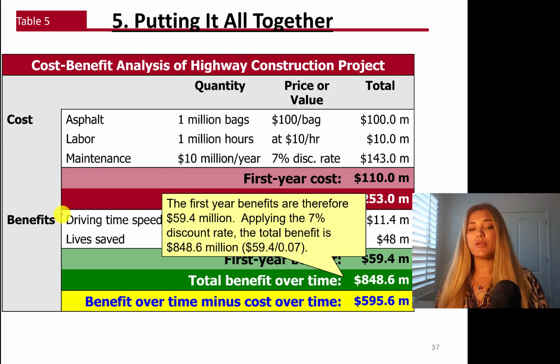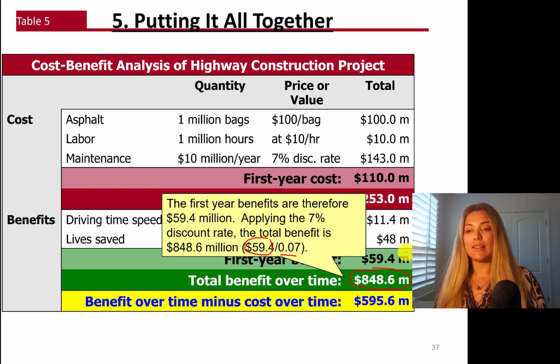And the total benefits, this is over the lifetime, right? $848.6 million. So this is 59.4 divided by the discount rate. We learned how to do this in part 3. So this would be total benefit over lifetime, right?